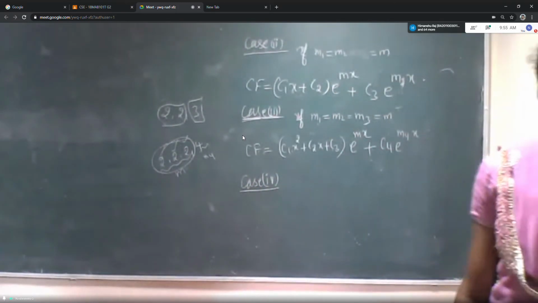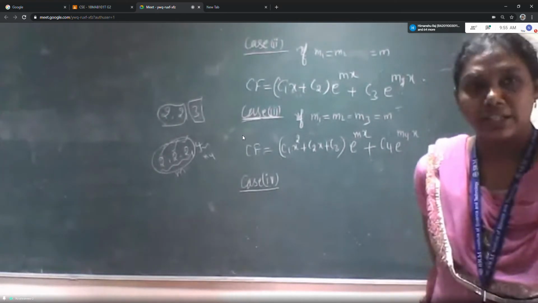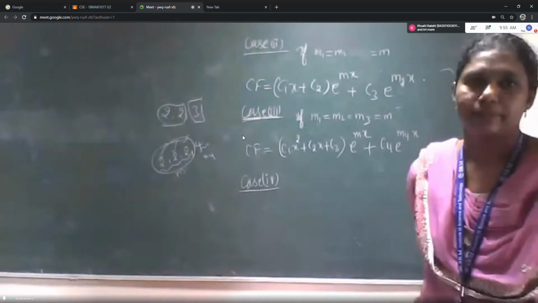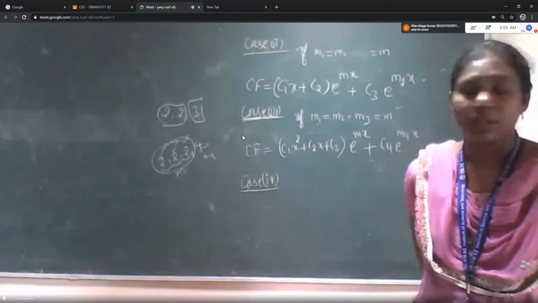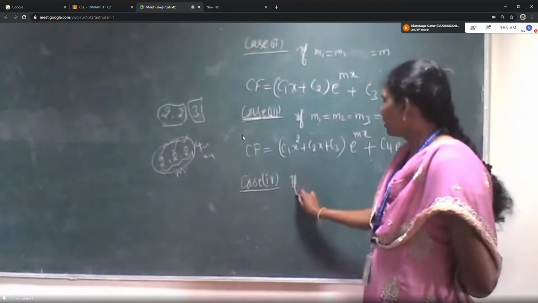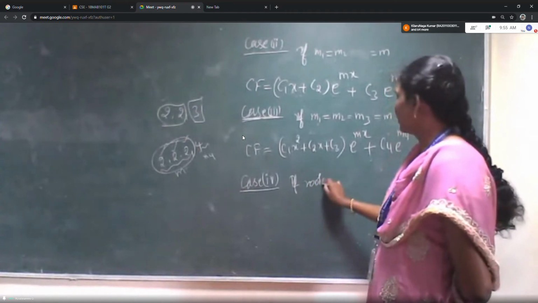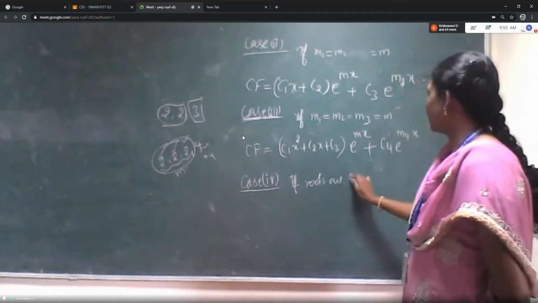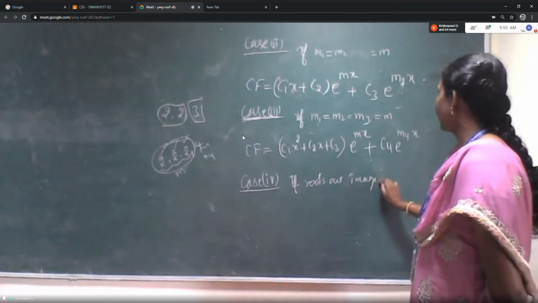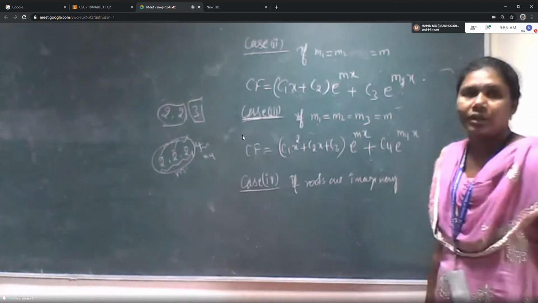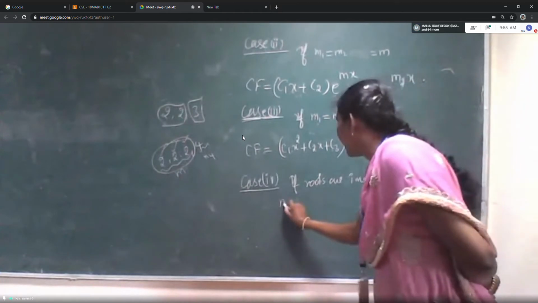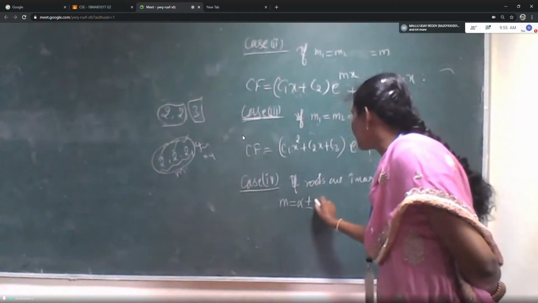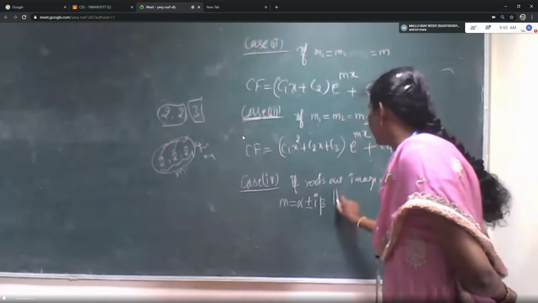Next, the fourth case, for imaginary values. If the roots are imaginary, that is m equal to alpha plus or minus i beta.